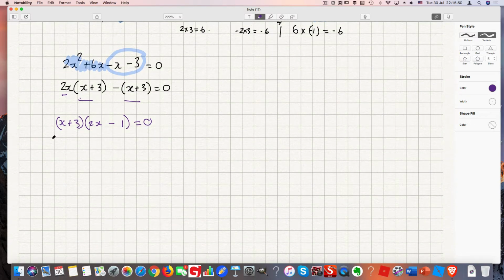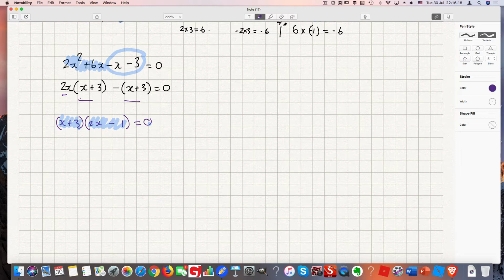So now we've got two terms. This term is equal to 0, or this one is equal to 0, because if x plus 3 is equal to 0, then 0 times 2x minus 1 is 0, so that is correct. If 2x minus 1 is 0, then x plus 3 times 0 is 0, so that is correct.